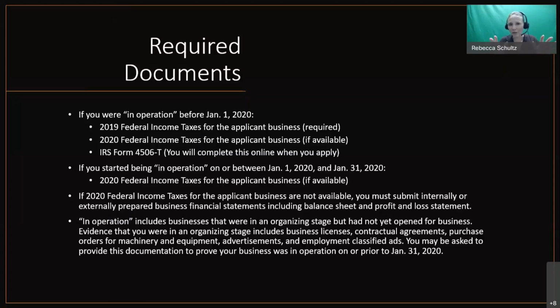And so this gets a little hairy at times, but if you were in operations before January 1st of 2020, right, they're going to be looking heavily at your 2019 tax returns. That is going to be a requirement for you if your start date or established date is before that January 1st of 2020 timeframe, all right?